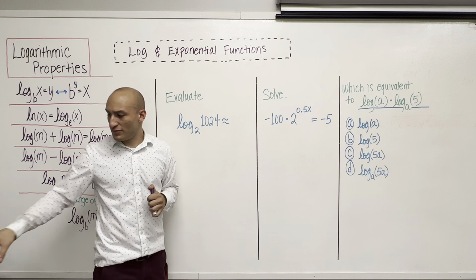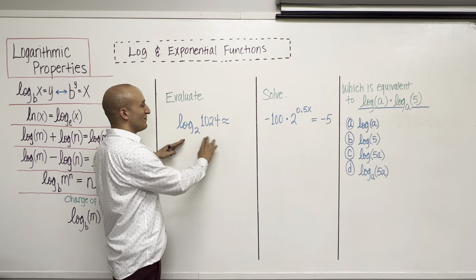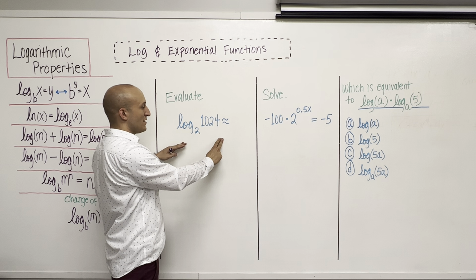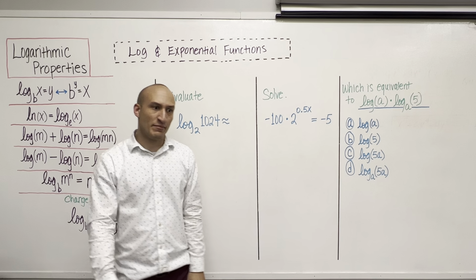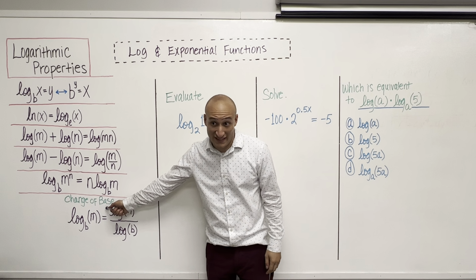Okay? So how would I go about solving this or evaluating it with my calculator if I can't type in that base there? This is where change of base comes in handy.